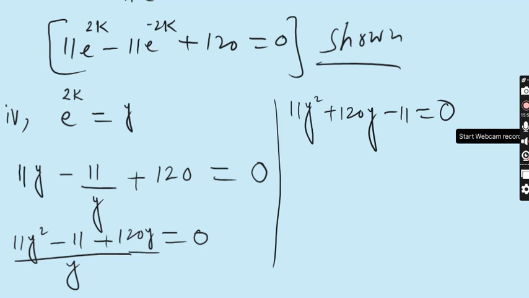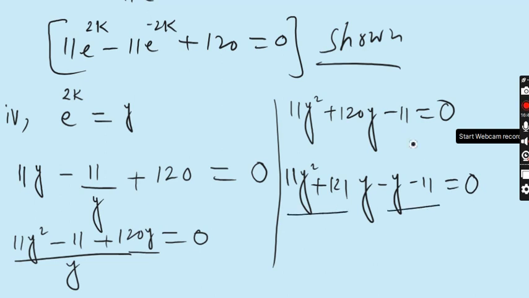This makes a quadratic equation, so we will apply the middle term break method. 11 elevens are 121, and 121 ones are 121, and 121 minus 1 is 120. So 11y squared plus 121y minus y minus 11 is equal to 0.